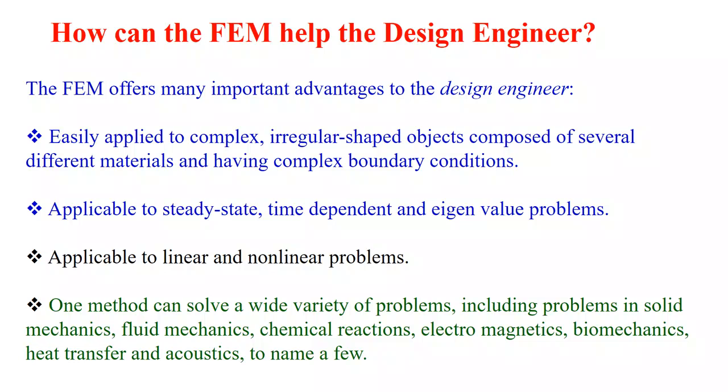Several different materials involved in a small structural object are difficult to implement for different conditions. And applying constraints and loadings at irregular points on irregular shapes is also very difficult.